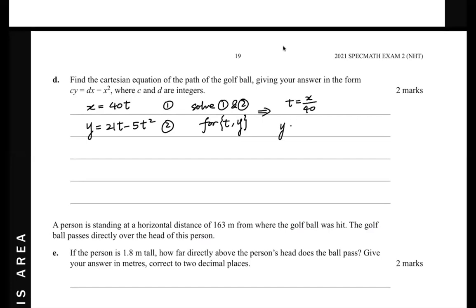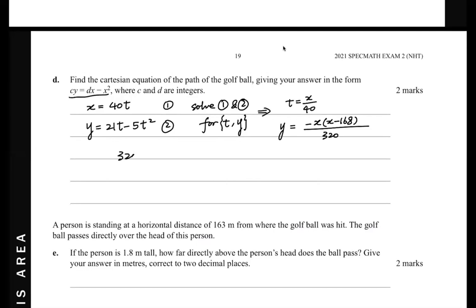y equals minus x squared over 320 plus 21x over 40, which is minus x, x minus 168 over 320, okay? But you want to express your answer in this way.